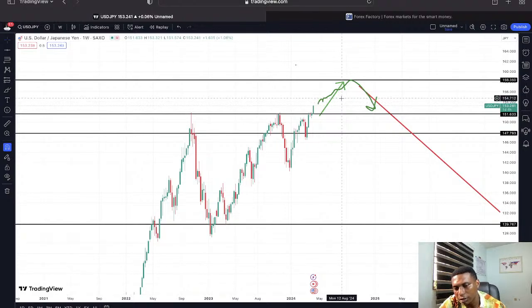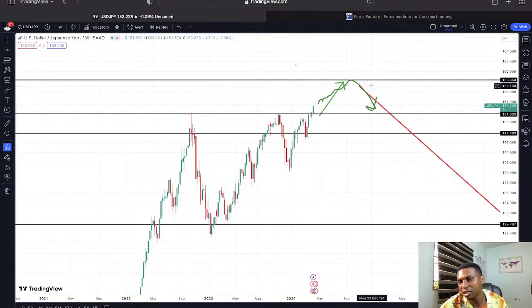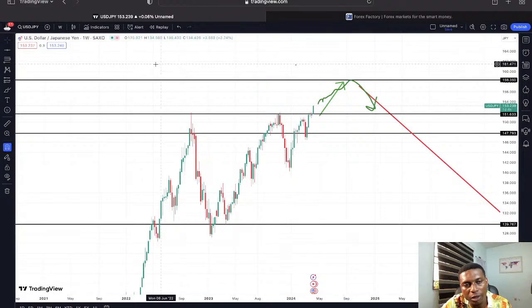Do you get that? Yeah, so price would get to that 154 region, and it can reverse from there or still go further to the 158 region, which is the max region where we are looking at a complete reversal from this level. So what you can do is set a sell limit.